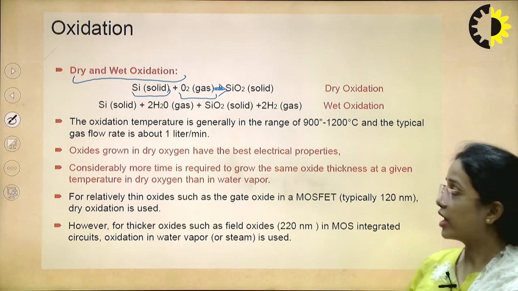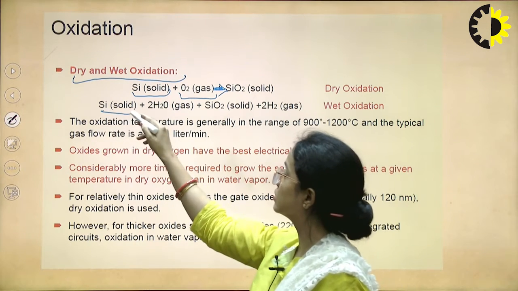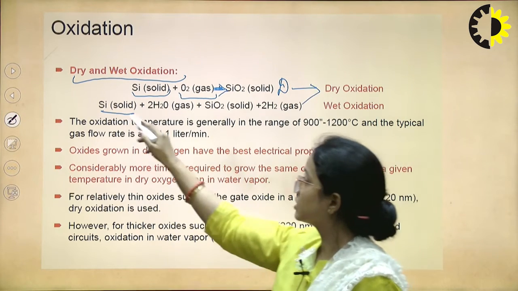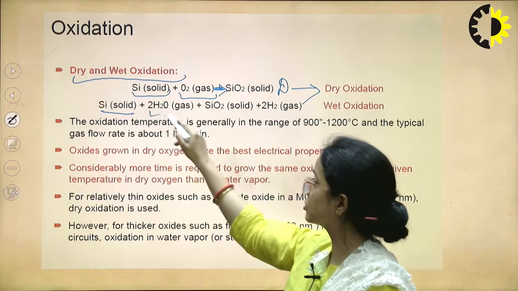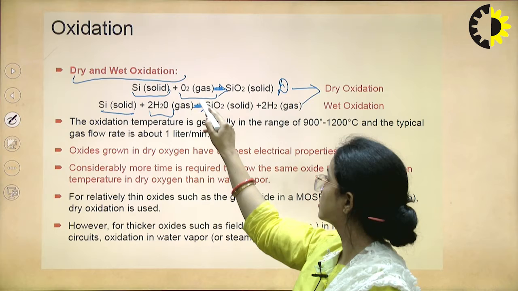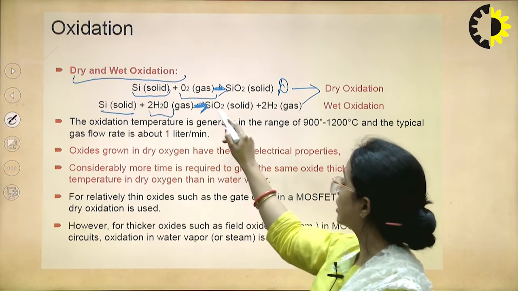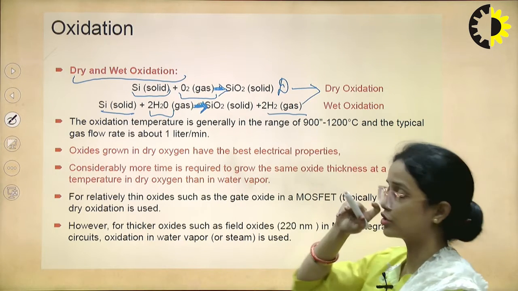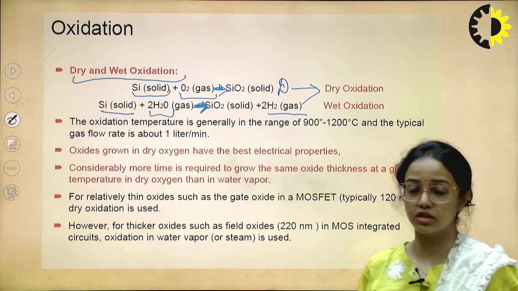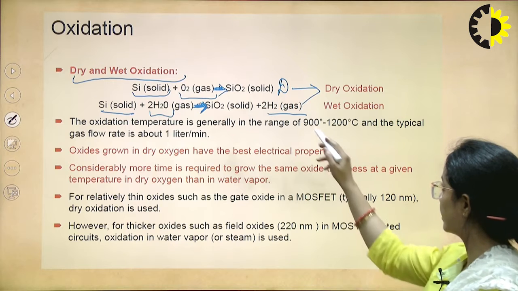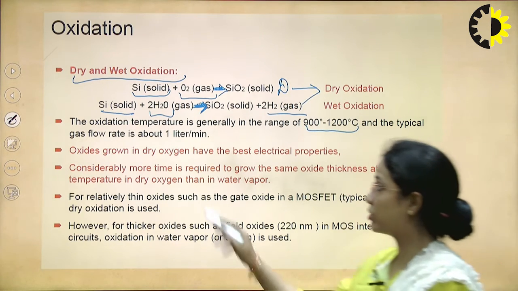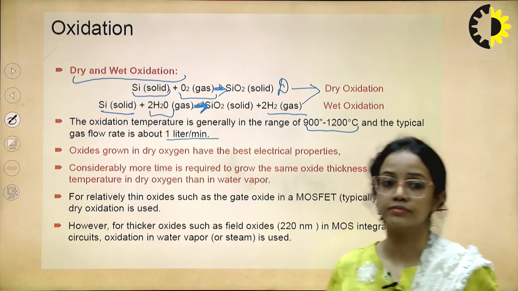This is of course dry. In another case we have silicon plus twice H2O, and of course this gives out silicon dioxide and twice H2. The oxidation temperature is generally in the range of 900 to 1200 degrees Celsius, and the typical gas flow rate is about 1 liter per minute.